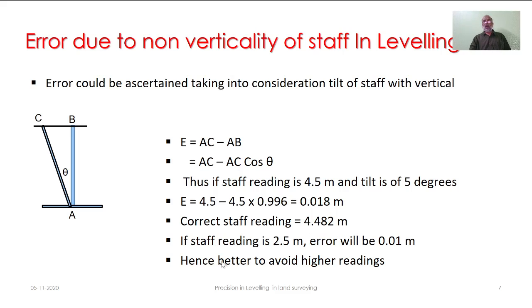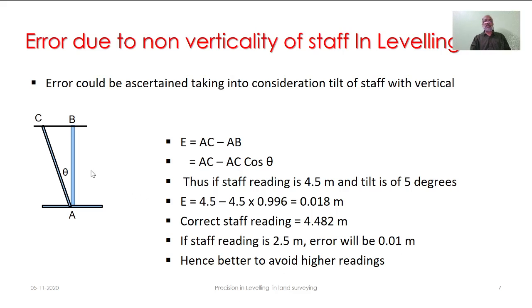Also, if the staff reading is 2.5 meter, the way we worked out error here, it could be simply 0.01 meters. Hence, it's better to avoid higher readings.